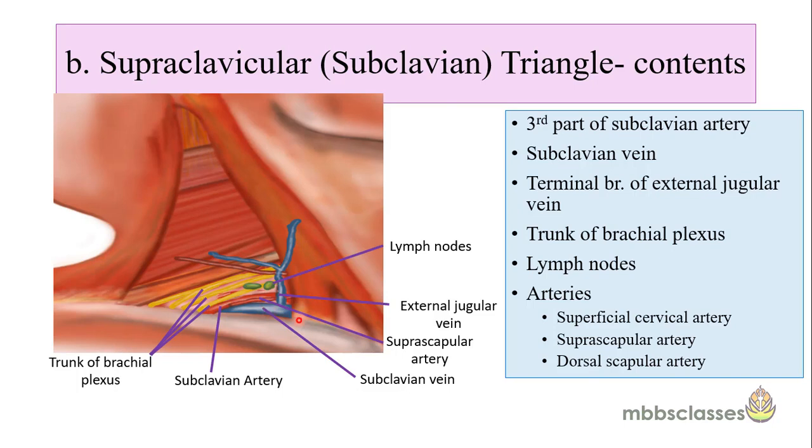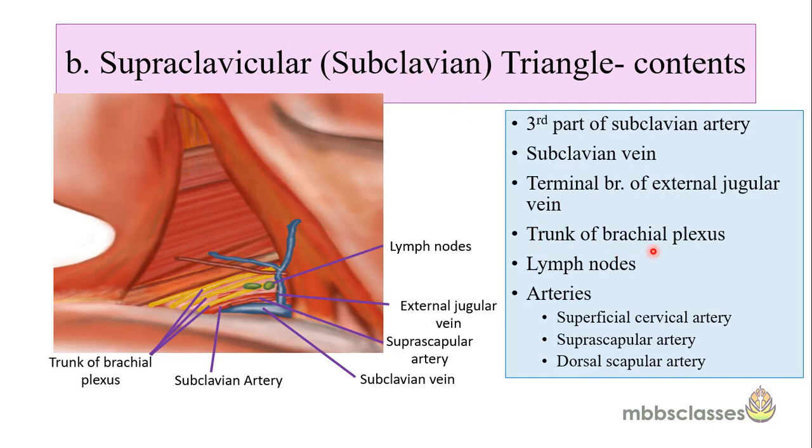Then the next component is the terminal branch of the external jugular vein. As you can see here, this is the terminal branch of the external jugular vein which descends behind the posterior border of the sternocleidomastoid to end in the subclavian vein. Then the other contents of the supraclavicular triangle are the trunks of the brachial plexus.